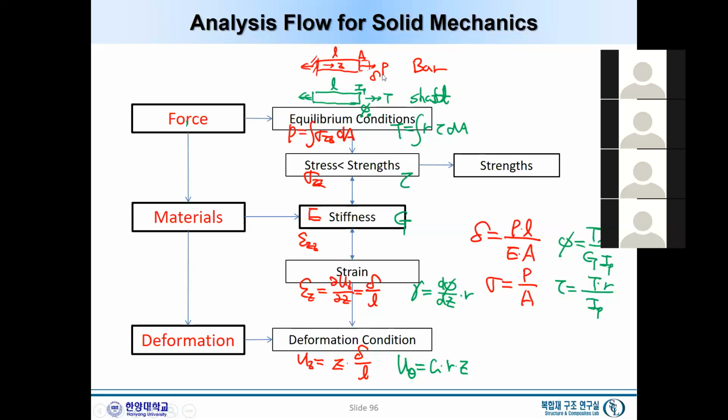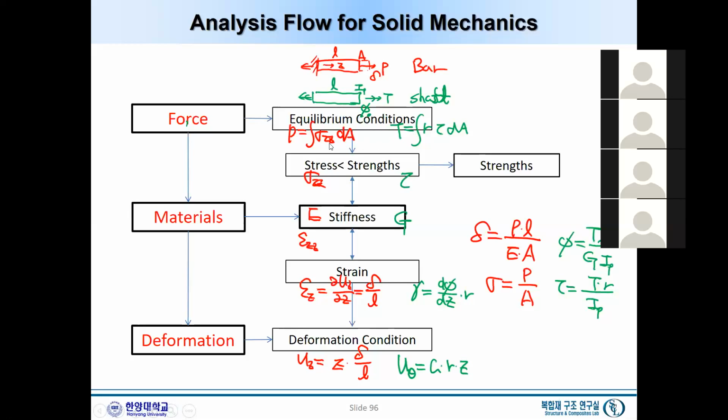In this case, bar is subject to a tensional load P, and shaft is subject to a torsional load T. And P, by definition, is the integration of the axial stress sigma, and torsion is defined as the shear stress times R dA. These two equations can be called equilibrium conditions.